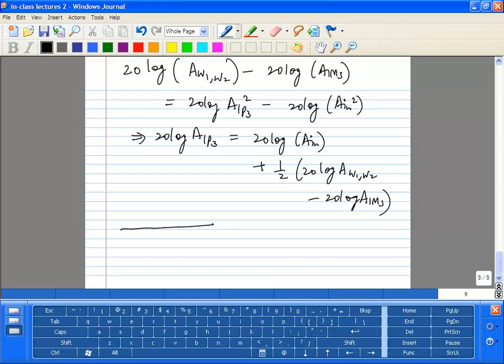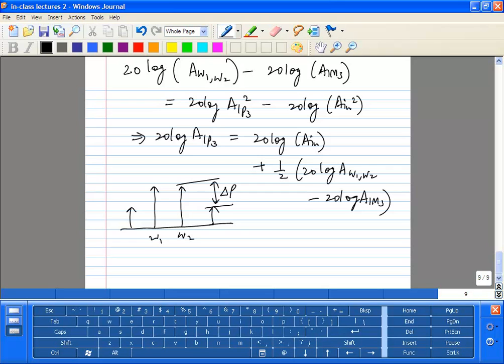So let's say at the output. Okay. So you get this. These are omega 1 and omega 2. Okay. These are your IM3 products. What is the power difference between them?